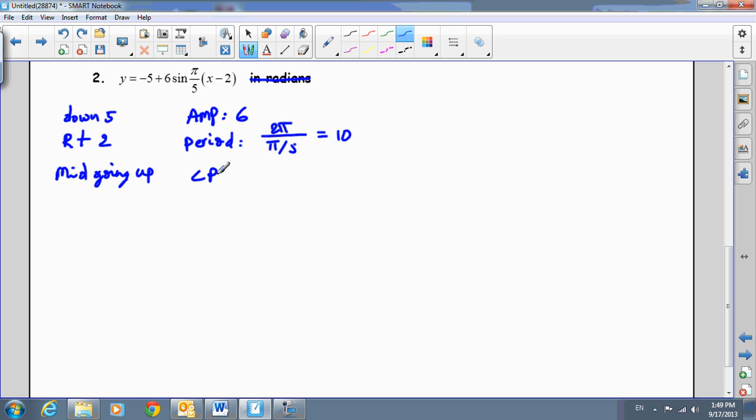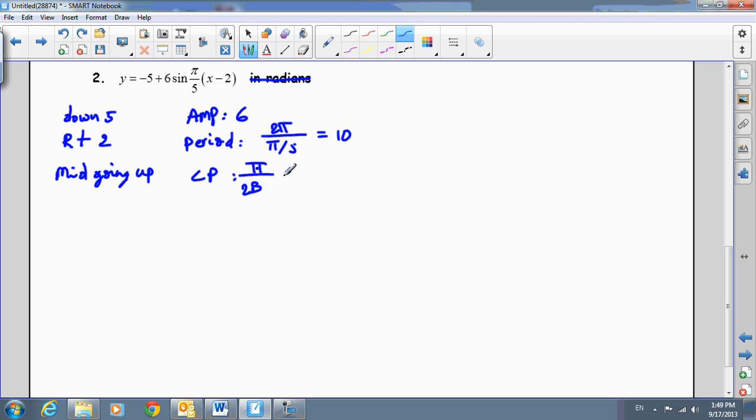The critical point now is 2 pi over 4b. Another way to write 2 pi over 4b is pi over 2b.